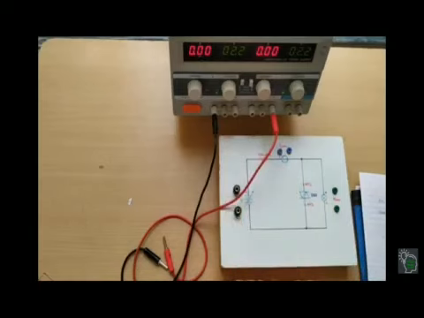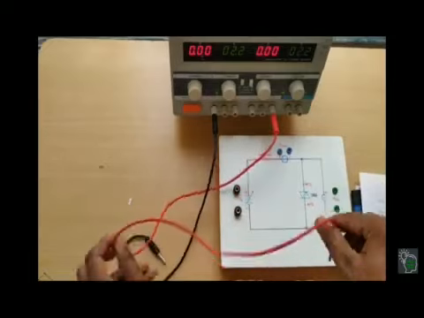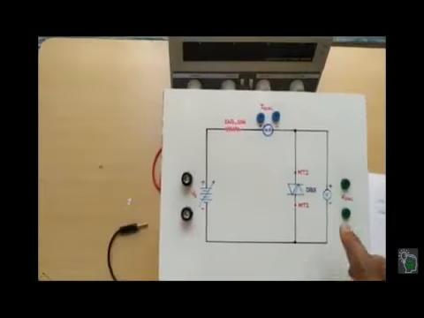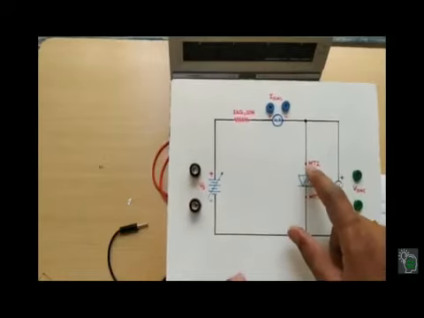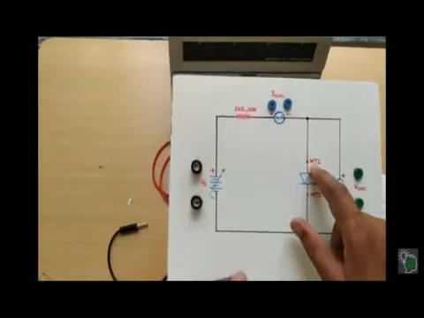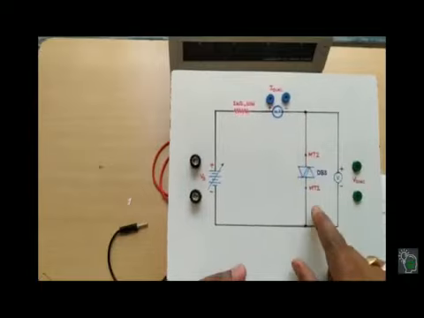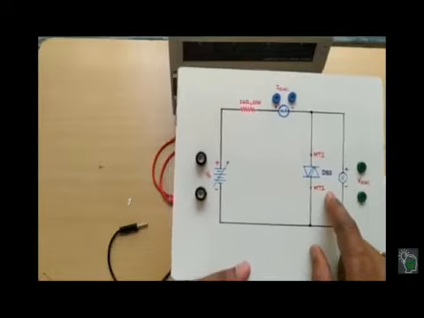Now we are connecting the multimeter here. First we are giving the positive supply to the channel 2, MT2, and negative supply connected to the MT1.